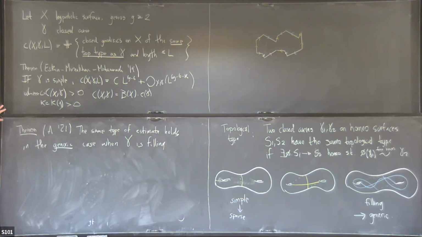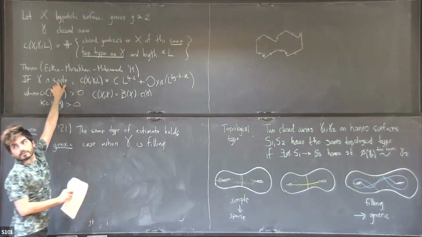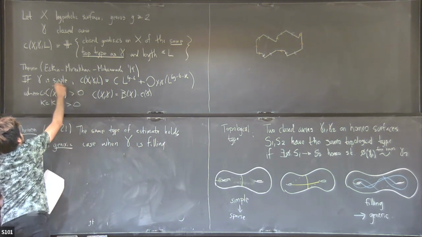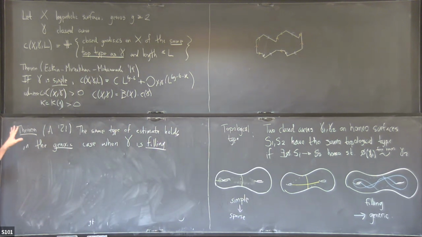So the above theorem is for simple; it's still 6g minus 6 in the exponent. You write exactly the same theorem, but you change simple for filling. So it's just change this by this. The same type of estimate.